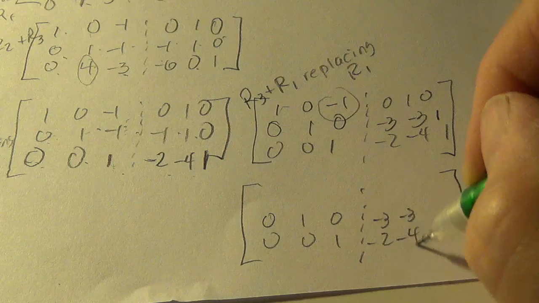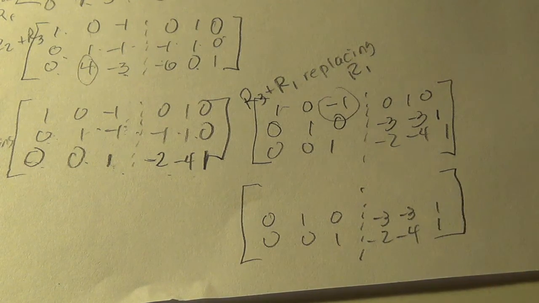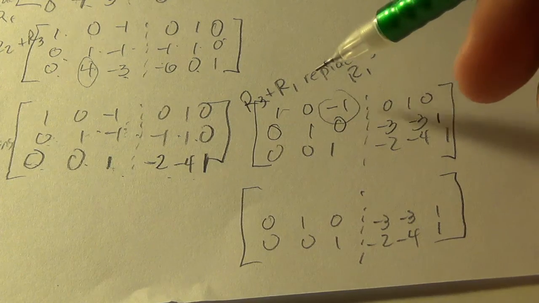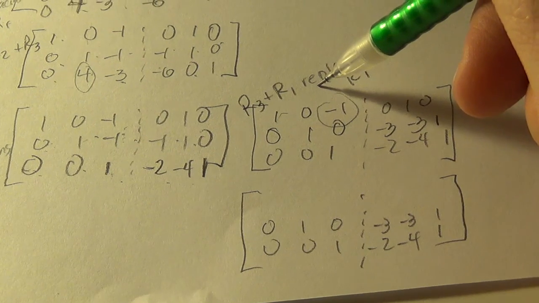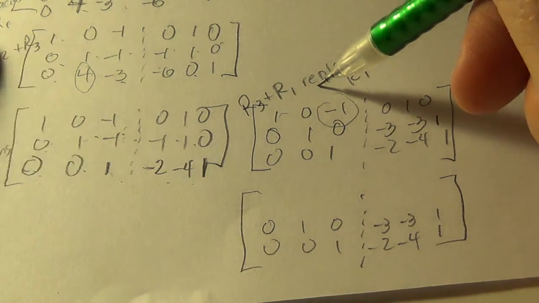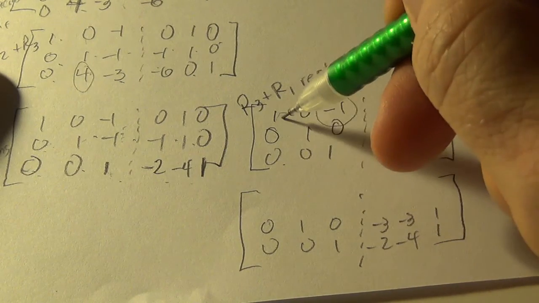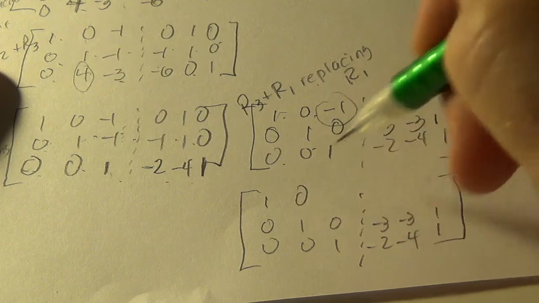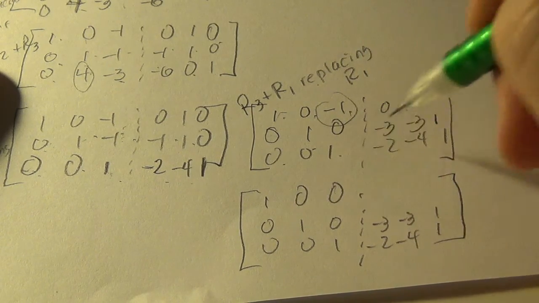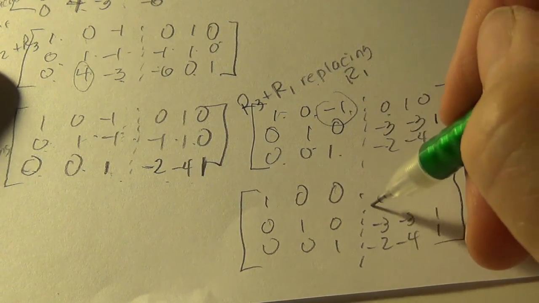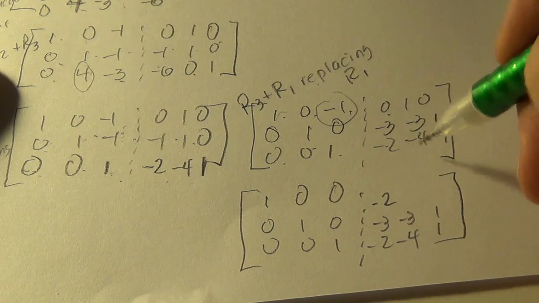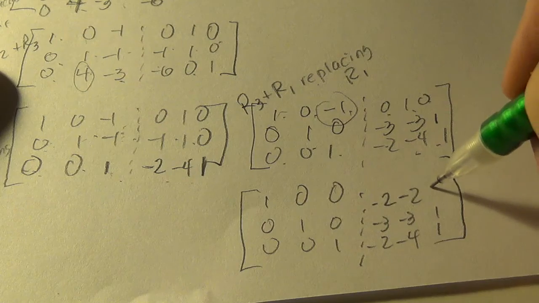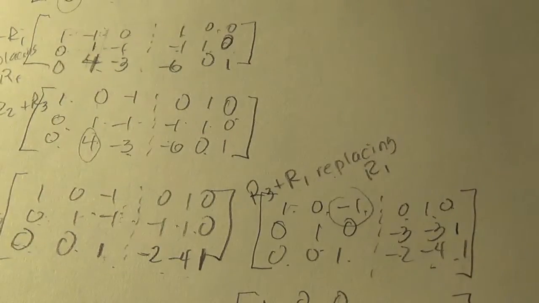This is like a silent movie. Okay, so I'm going to add row 3 and row 1. So this plus this is that. Alright.